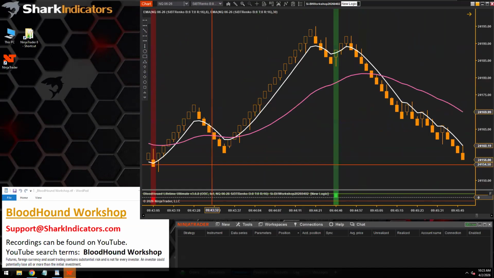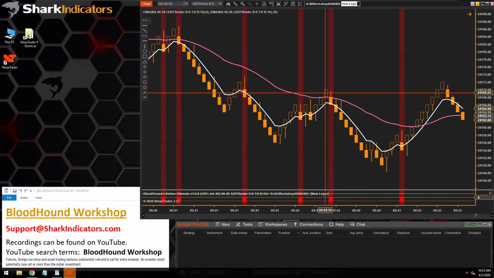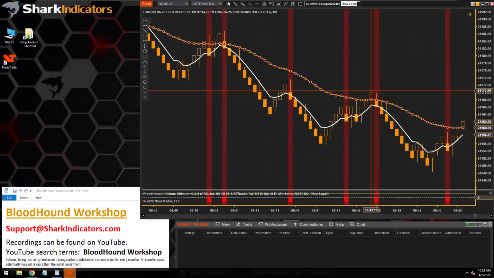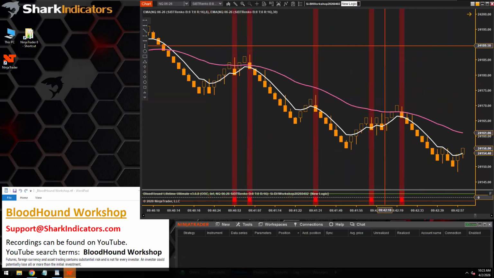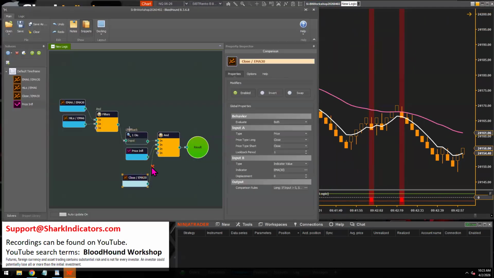Yep, that looks like a good one. And here's that exception we just built in. The closing price is definitely above the EMA 30, and our signal still occurs. If this gets plugged in back here, bingo, it disappears.